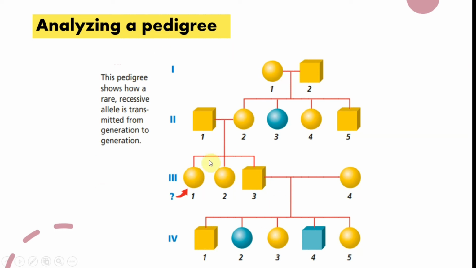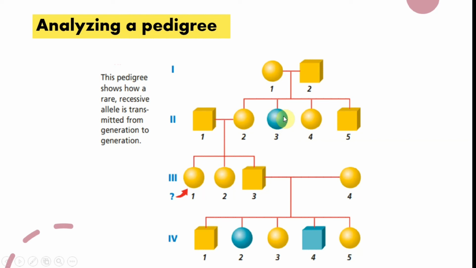For example, you know that from generation 1, individuals 1 and 2 are both carriers of the recessive allele for the trait because they have produced, in generation 2, individual 3, who has the recessive phenotype. That's why it's colored in kind of blue.